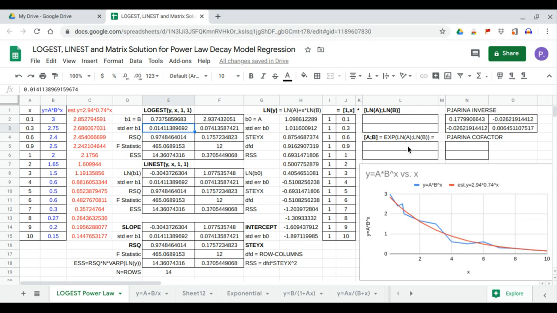We can continue calculating these values of ln b0 and b1. We begin with the beta cofactor, which is mmult of the transpose of this matrix, the 1 x matrix, and the y values.